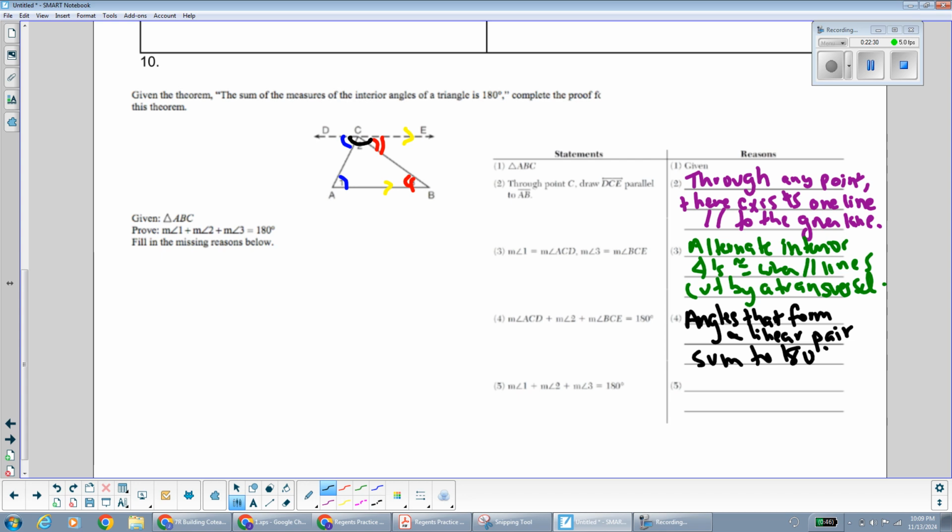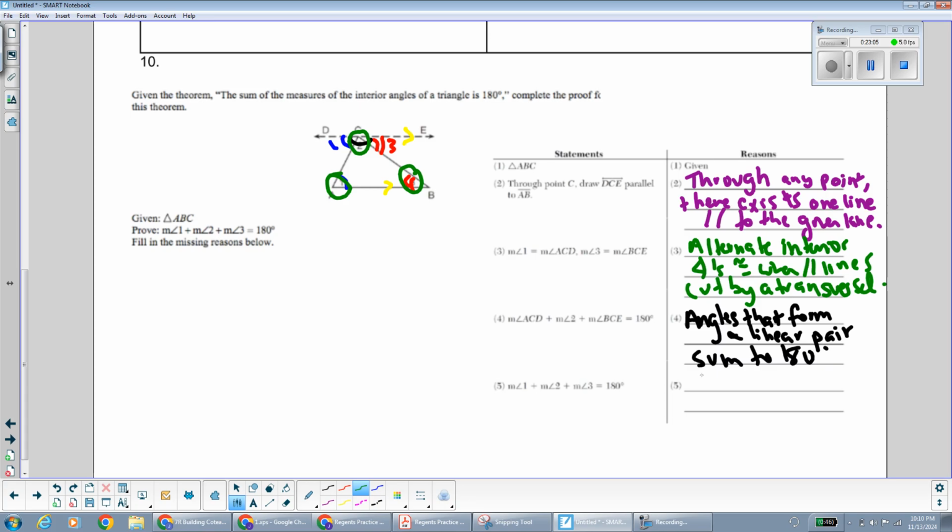So since all three of these angles added to 180, this angle up here is essentially angle 1, right? Because they're congruent alternate interior angles. This angle over here is essentially angle 3. So if this is the same 1 as over here, this is the same 3 as over here.